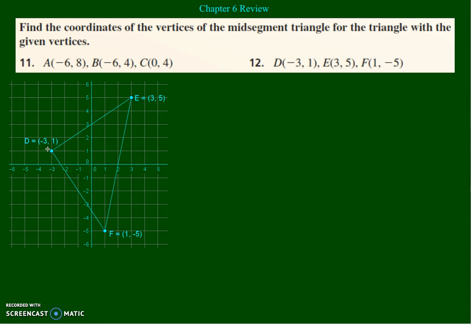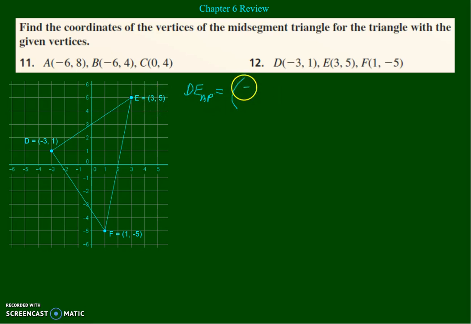So let's go ahead and find the midpoint for DE. The midpoint will give us the average of the x's.